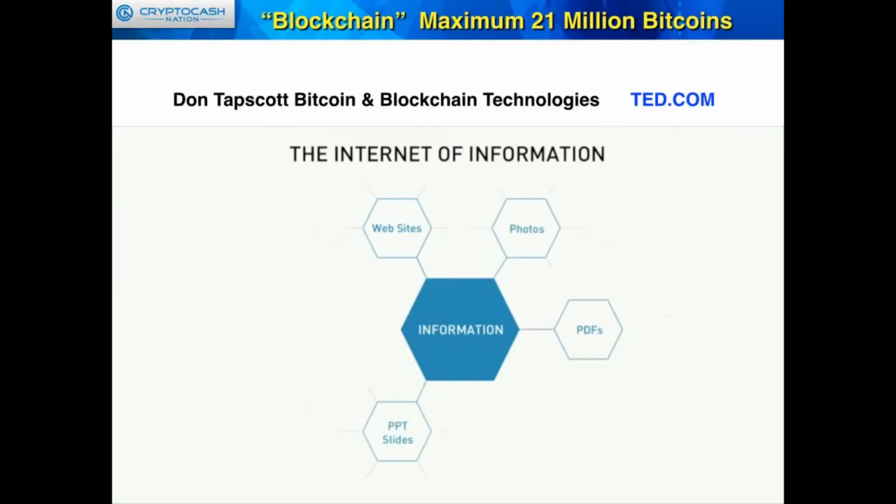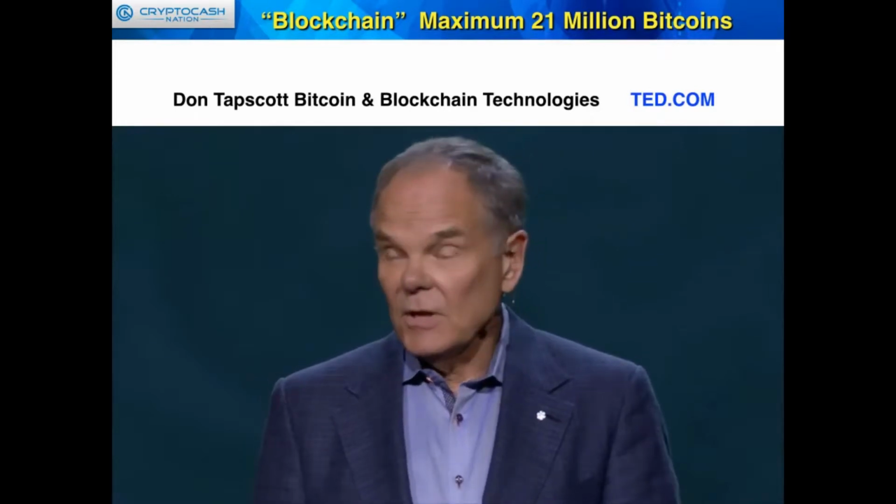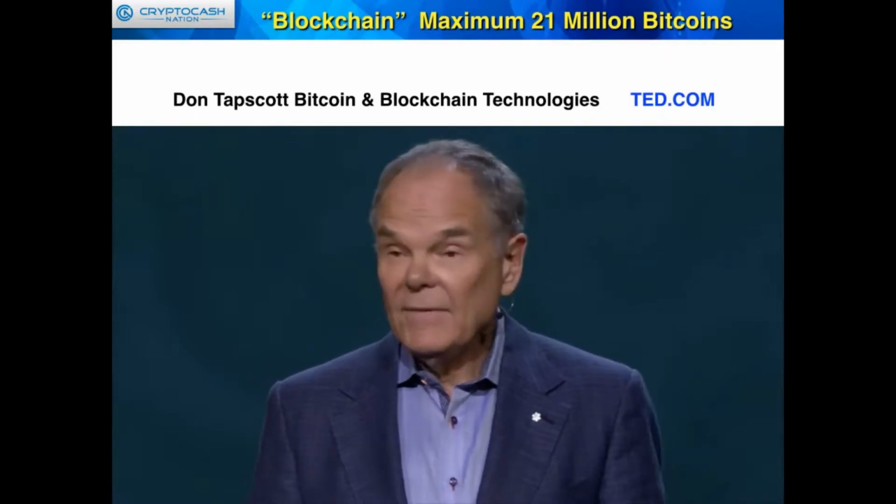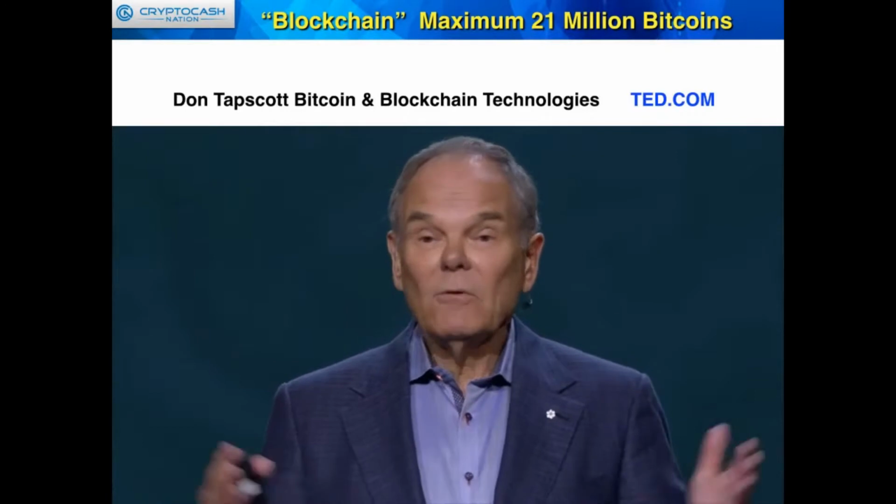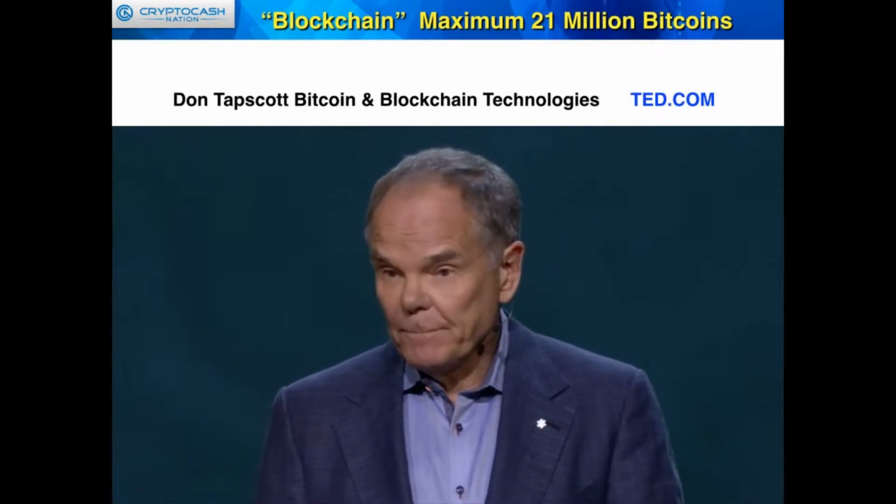You know, for the past few decades, we've had the internet of information. And when I send you an email or a PowerPoint file or something, I'm actually not sending you the original, I'm sending you a copy. And that's great. This is democratized information.